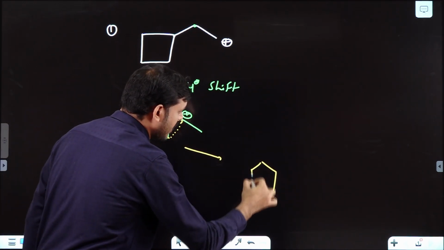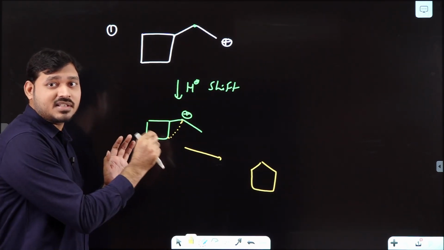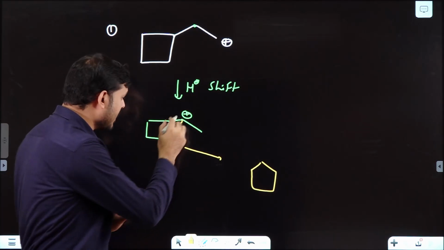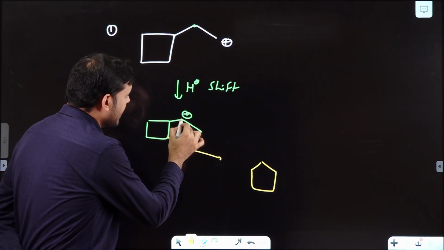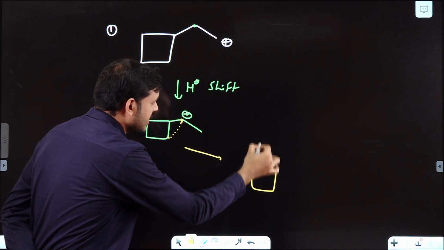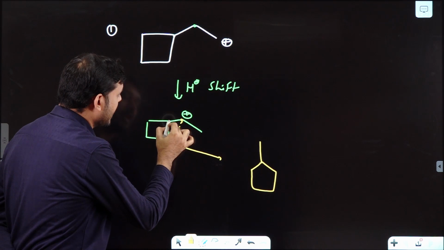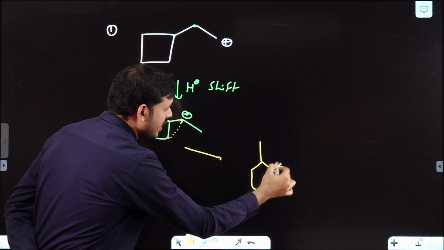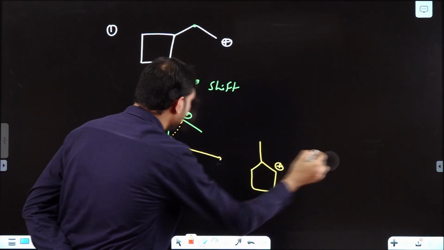First draw 5-membered ring. Okay, now see, I am telling the exact simple path. First it will become 5-membered ring. Suppose this carbon is having one methyl. Suppose this is that methyl. So adjacent to methyl, this carbon will gain plus charge. Clear? Now I can show you by numbering simply.